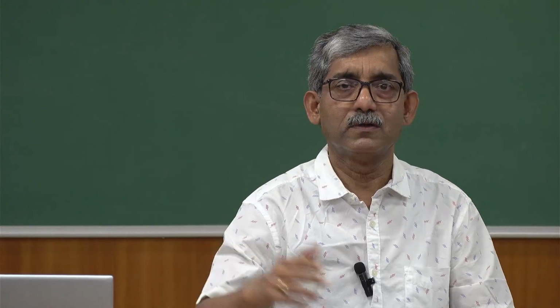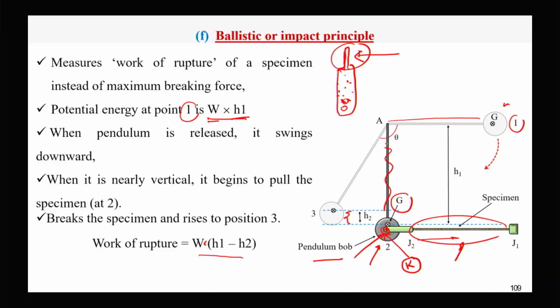Otherwise, part of the energy will be used for random motion of the pendulum bob. After breakage, the pendulum will swing without any disturbance.